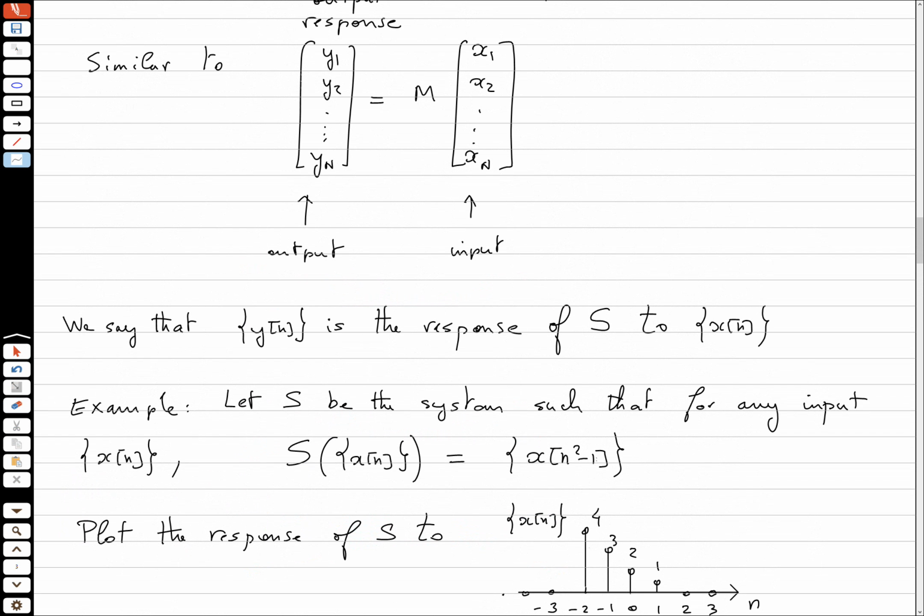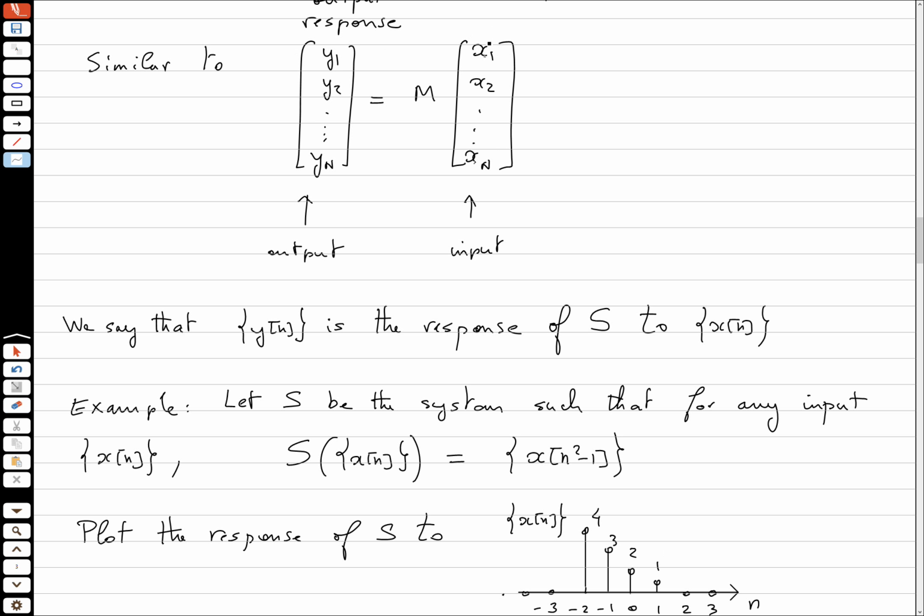If you write that x of p becomes y of p, it's like saying x of 1 becomes y of 1. But you cannot write this because it doesn't make sense. The transformation only makes sense when you use the whole sequence. The whole sequence becomes the whole sequence. So if you only know one number, you don't know what is going to be the output.